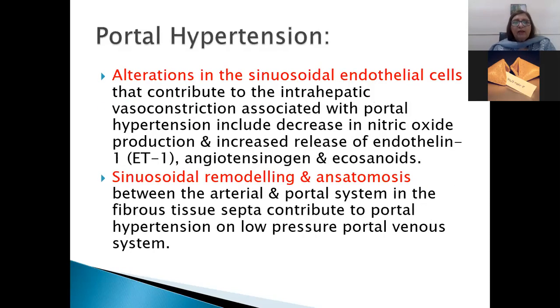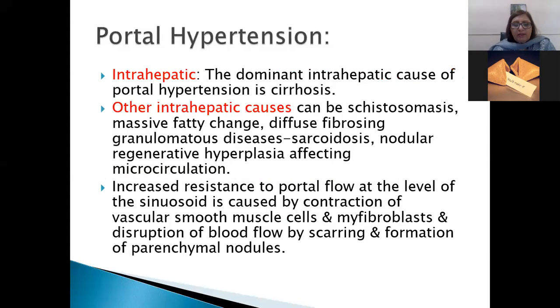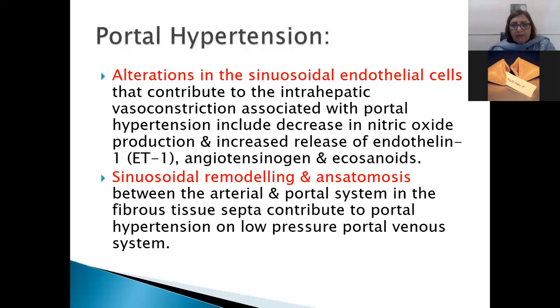Alterations in the sinusoidal endothelial cells that contribute to the intrahepatic vasoconstriction associated with portal hypertension include decreased nitric oxide production, and increased release of endothelin-1, angiotensinogen, and eicosanoids. What does this mean? You have studied all this in your general pathology as well, but I'm going to explain it again.